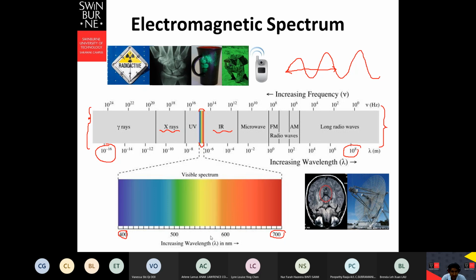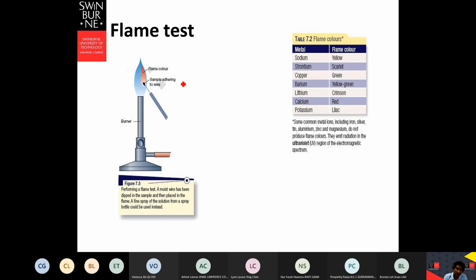But how can we actually use these different types of wavelengths to analyze or detect some kind of compounds? For example, if we burn something on a flame, right?